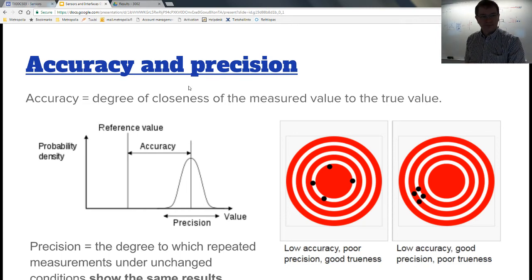Yep. Precision. So giving the same result all over again. Accuracy. You may have a very accurate sensor, but the values are varying, meaning that you need to do some averaging of the results or something like that.